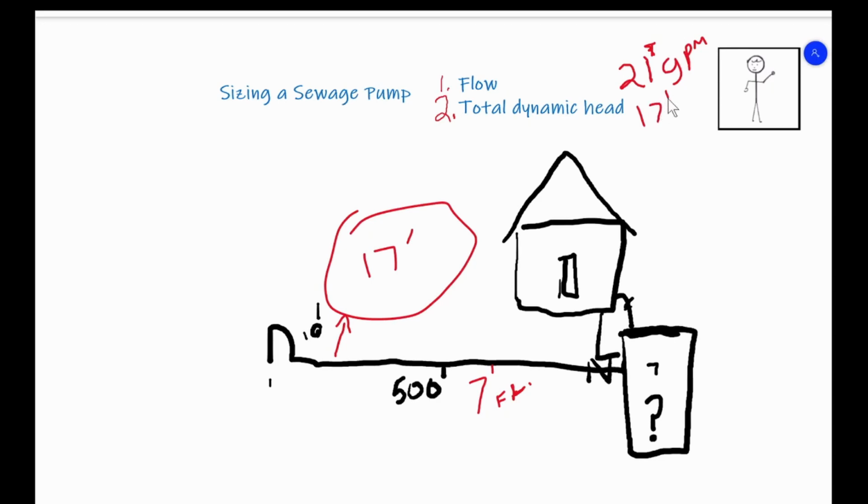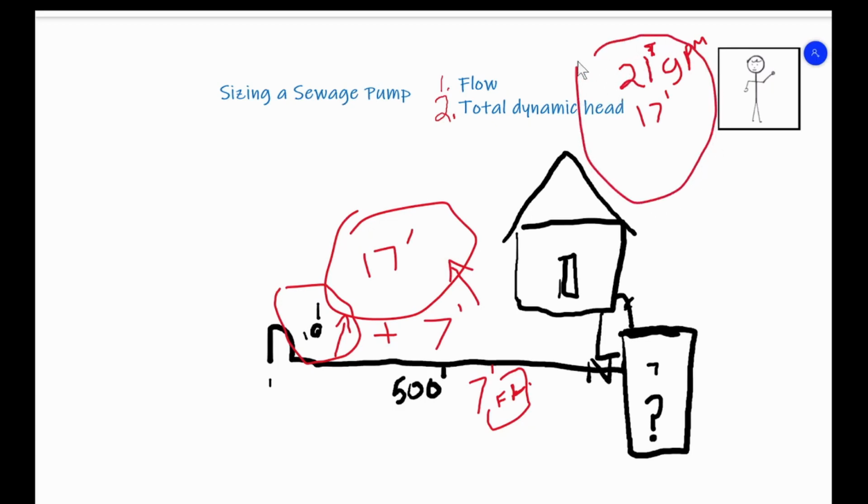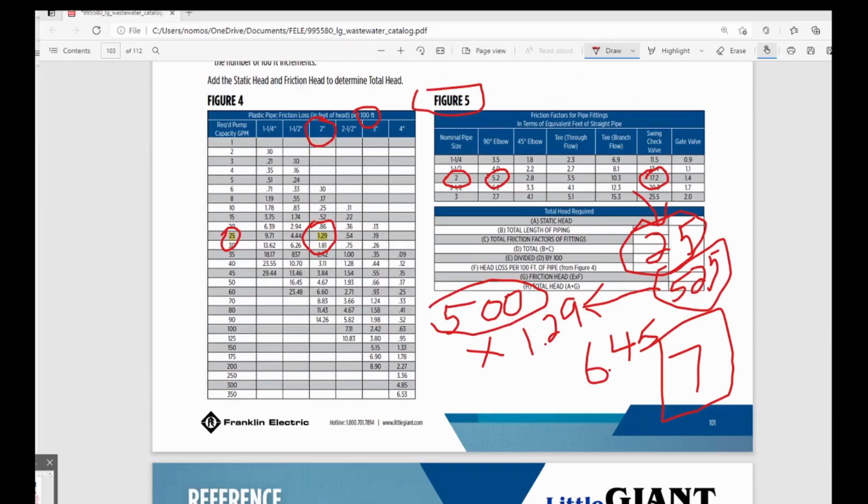Total dynamic head is vertical lift, which is 10 feet, plus friction loss, represented by the FL there, which is 7, which gave us 17 feet, right? So I need a pump that pumps 21 gallons a minute at 17 feet of head. Simple. So let's go find us that pump.